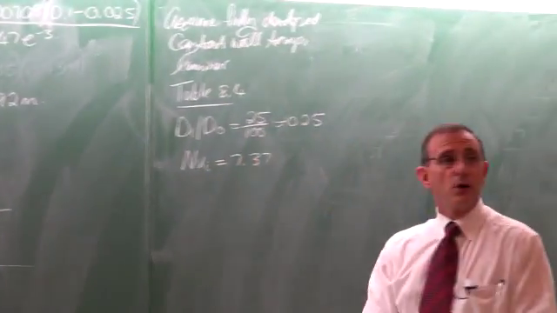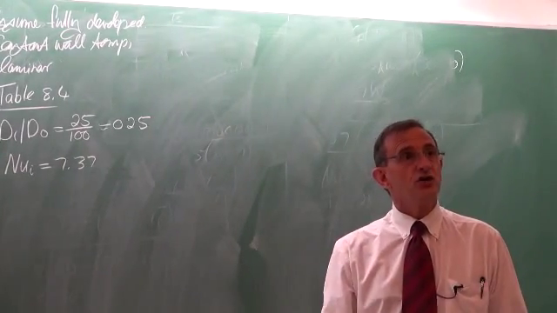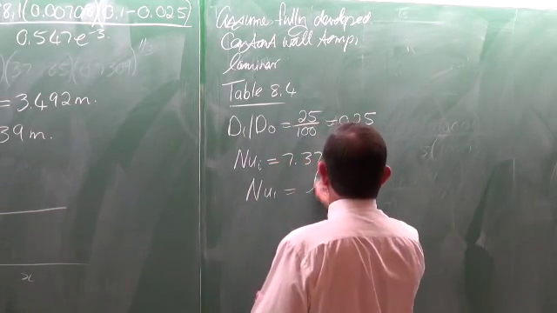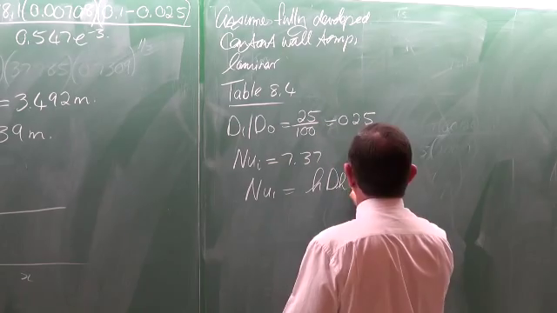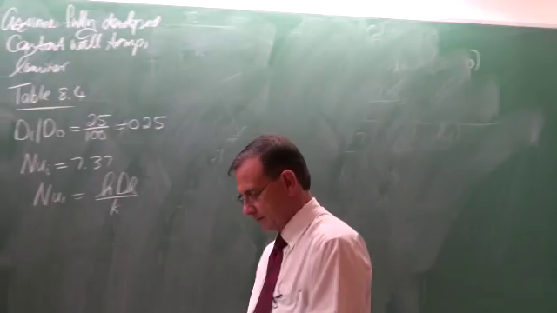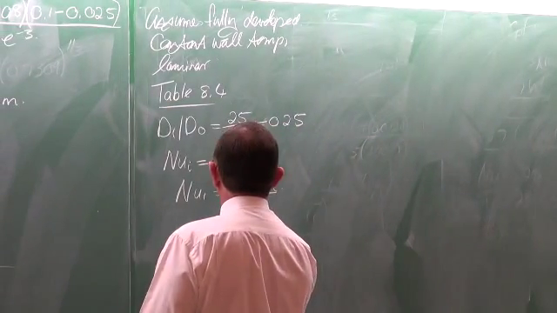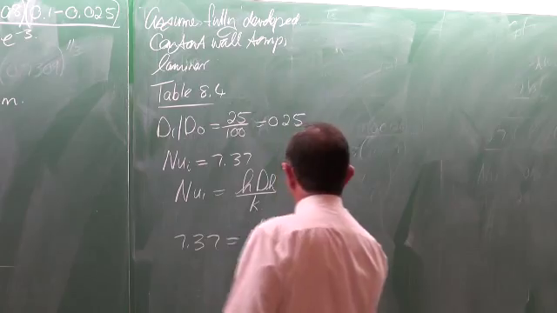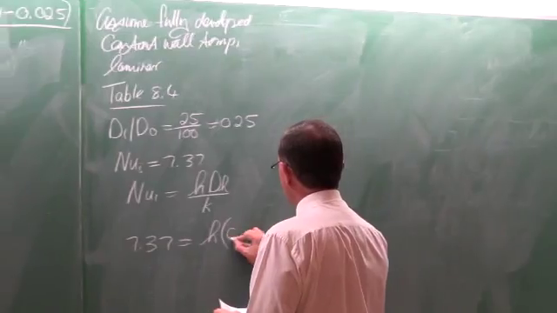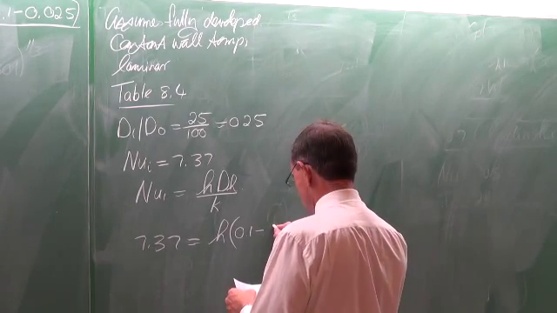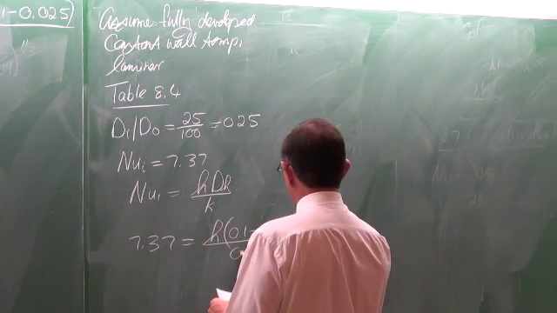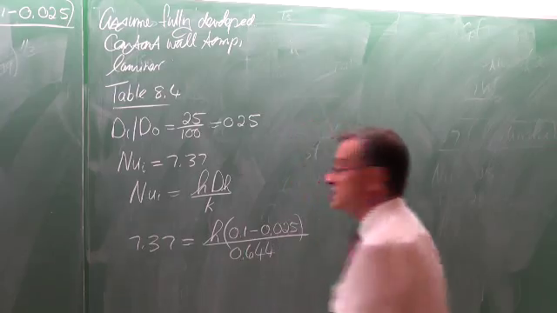Okay, so now we've got the Nusselt number, therefore it's very easy to get the heat transfer coefficient. The Nusselt number is equal to the heat transfer coefficient multiplied by the hydraulic diameter divided by the thermal conductivity K. The Nusselt number is 7.37, is equal to the heat transfer coefficient multiplied by the hydraulic diameter, which is 0.1 minus 0.025, divided by the thermal conductivity, which is equal to 0.644.